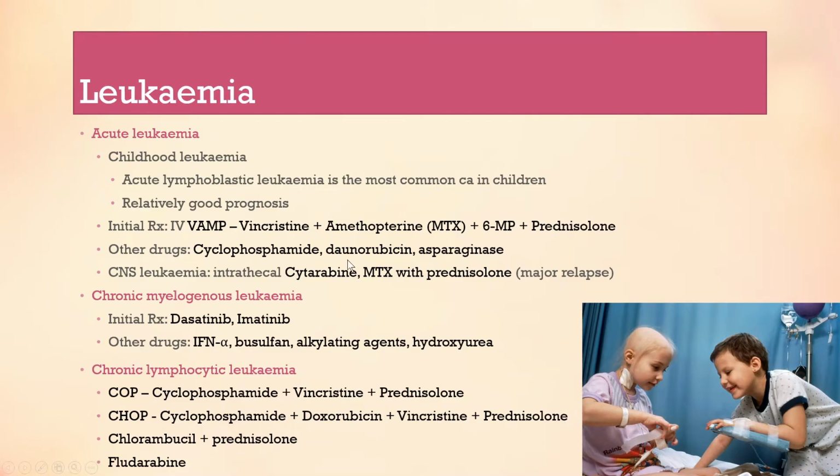So now if we look at the diseases one by one, okay, childhood leukemia has a good prognosis when treated with the VAMP chemotherapy regimen. There are other drugs that can be combined as well, but VAMP shows high curative rates. Okay, for CLL, the COP or the CHOP regimen works best.